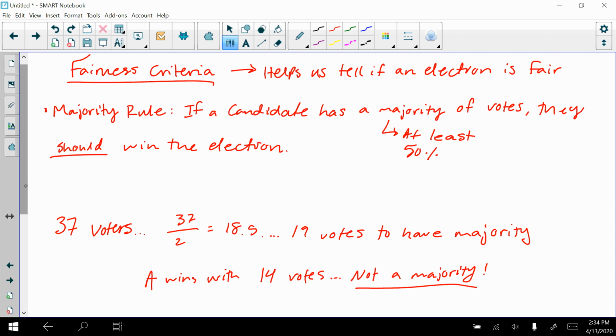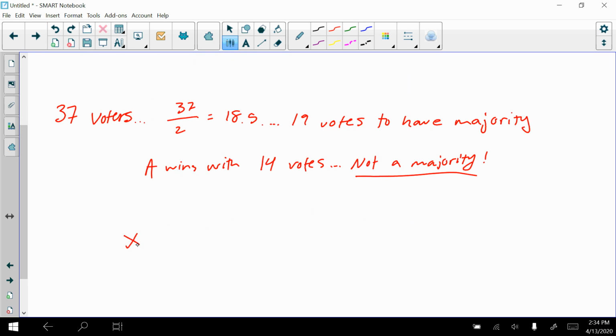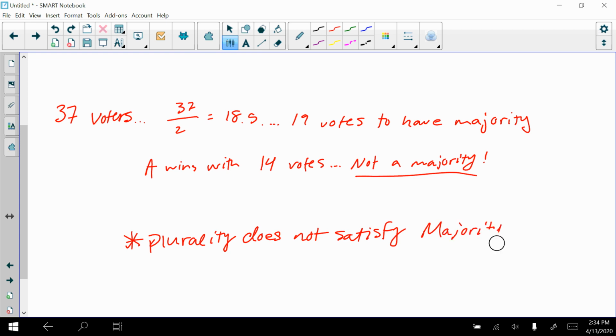Okay? So this is an example of the fact that plurality does not satisfy the majority criterion. And all that means is that under plurality, you could have a winner that does not have 50% of the votes.